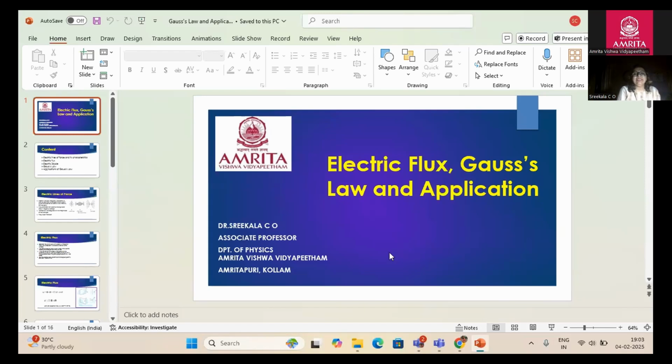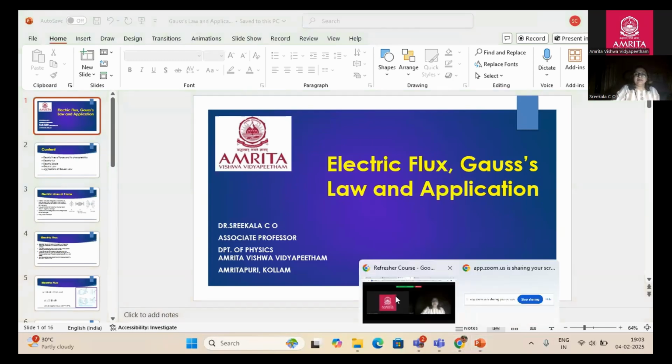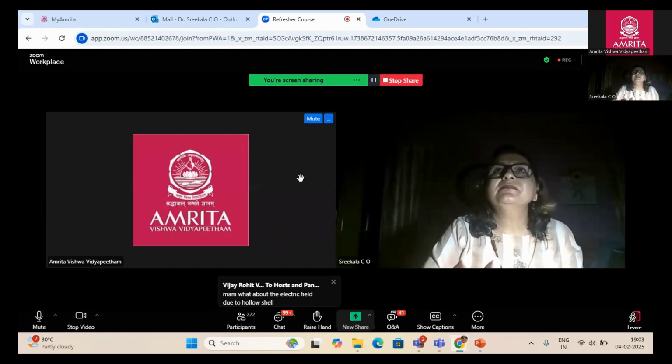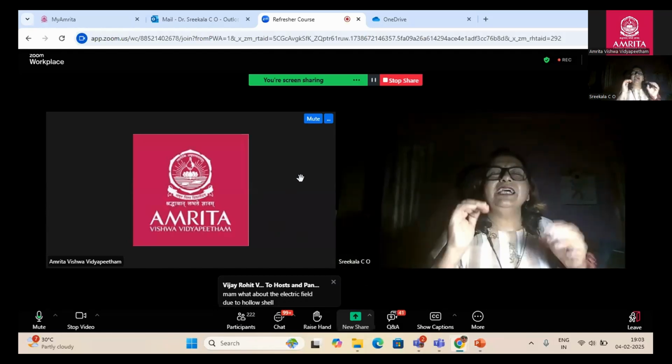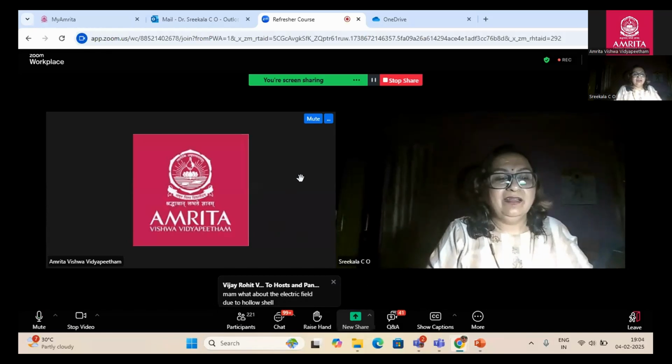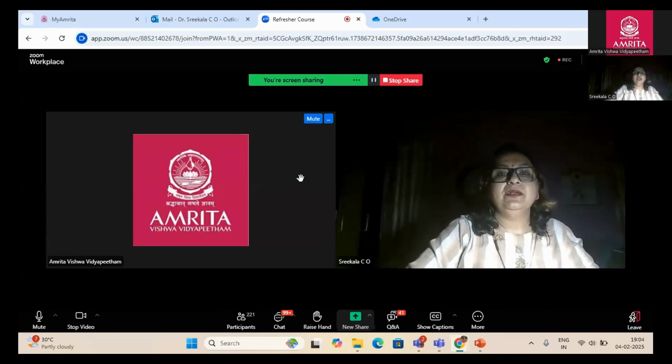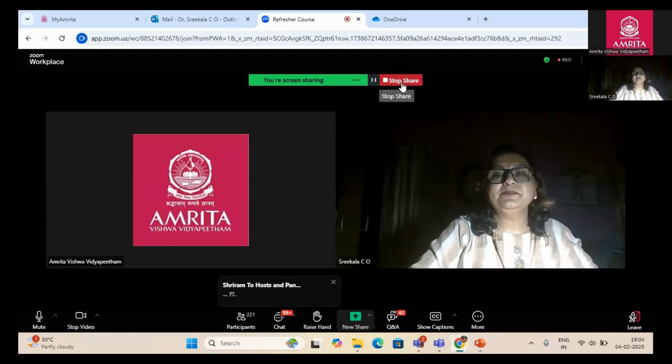Charge divided by length is the linear charge density. Charge divided by area is the surface charge density. Then charge divided by volume is represented by the letter rho. That is called volume charge density.